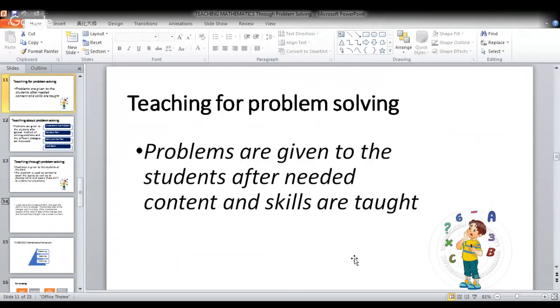For example, if I'm teaching grade 7 and I'm teaching measurement, I need to teach the formula of perimeter, area, volume, and then at the end, I will have problem solving, right? So you teach first the needed content before we do problem solving. That is what we call teaching for problem solving. Are you doing that in your classroom?